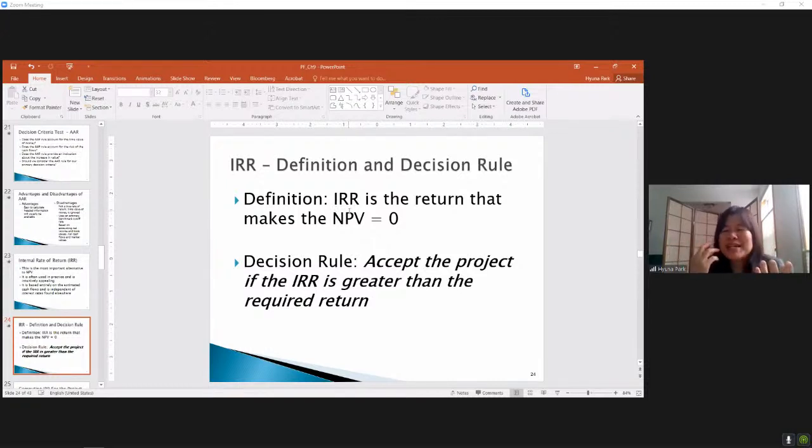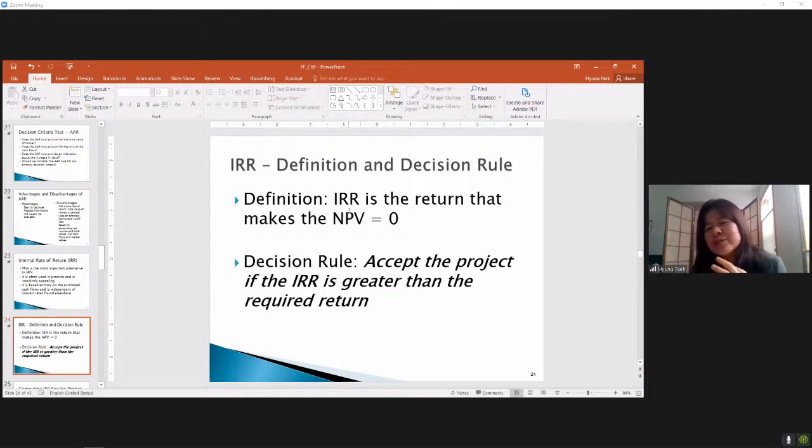What do we mean by the internal rate of return? Internal rate of return is the discount rate that makes the net present value of this project equal to 0. You can think of IRR as the break-even discount rate that makes the present value of future cash flows equal to the initial investment.